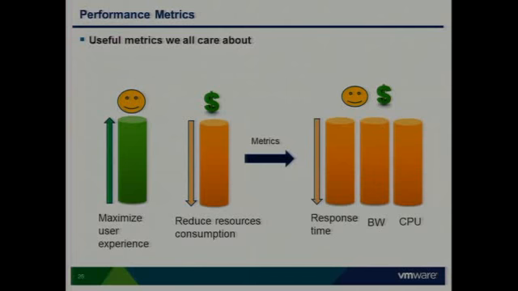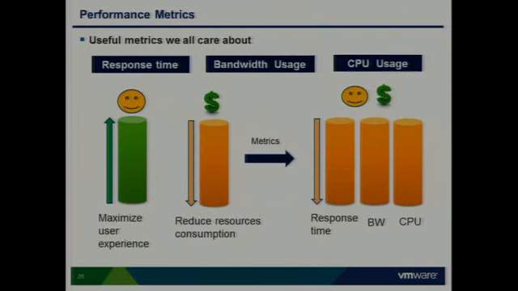This translates to minimizing the response time of applications, minimizing the bandwidth usage, and minimizing the CPU usage so that we can have better host consolidation. We can support more users on the same network link, and we still get the best user experience from our VDI deployment, right? So these are the metrics we'll be focusing on for the rest of the results that I'll be presenting.